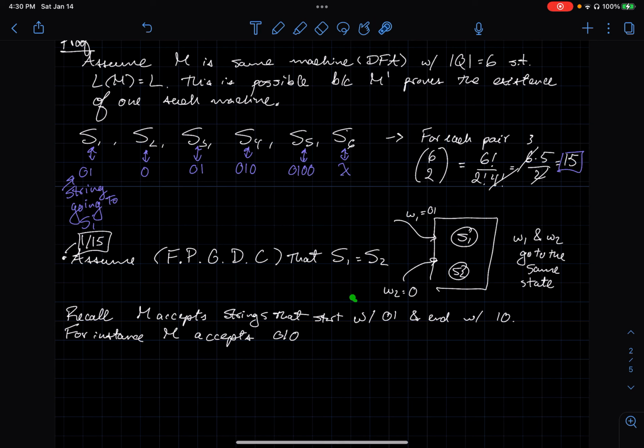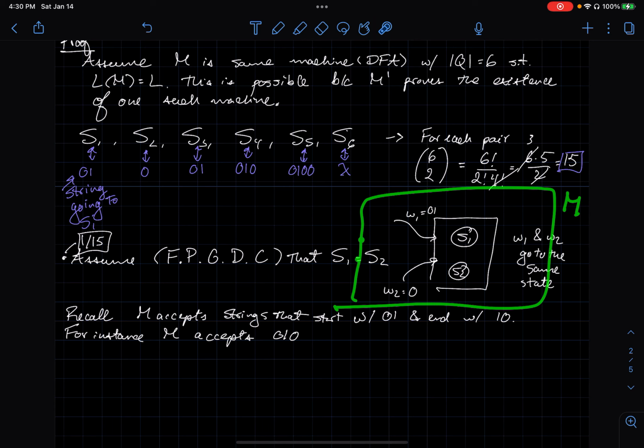Because this is my arbitrary machine M, the only thing that I know is that, because of my assumption, 0, 1 and 0 both end in the same state. So if I append any string to W1 and W2, both of these newly concatenated strings should end in the same state.